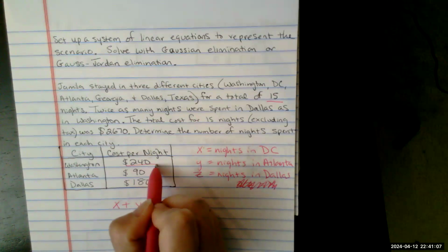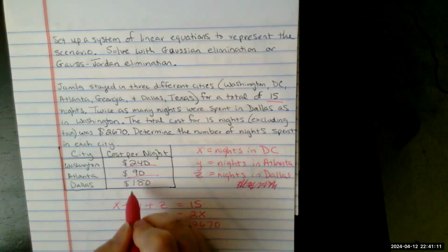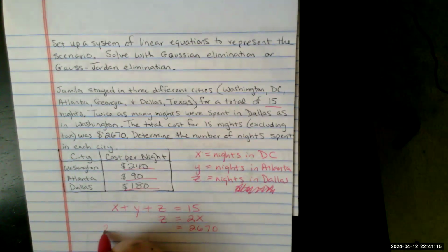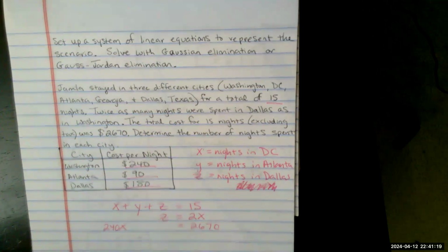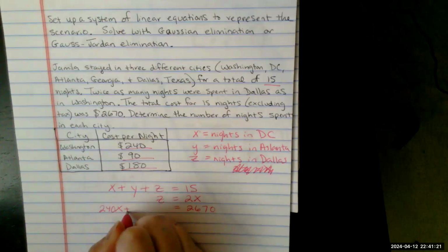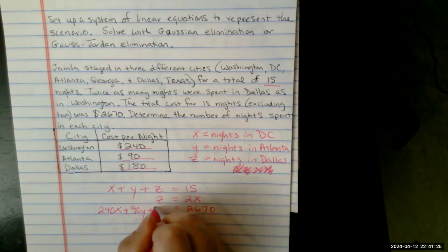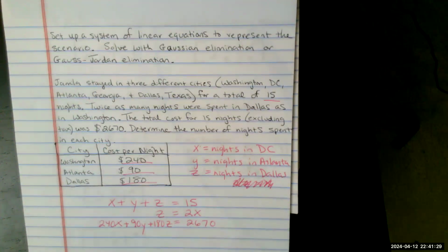But if we now know that each night in DC costs this much, Atlanta costs that much, and Dallas costs that much, now we can set it up. That's 240 times however many nights in DC, plus 90 times the nights there, plus 180 times the nights there. And there we are.